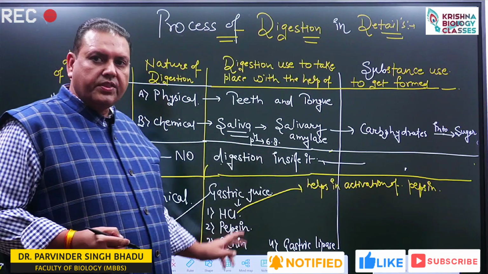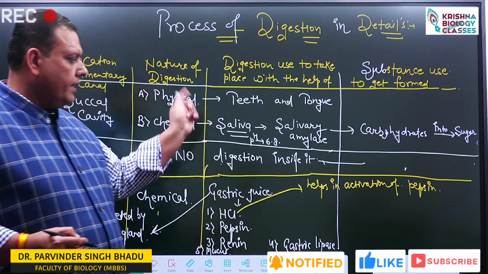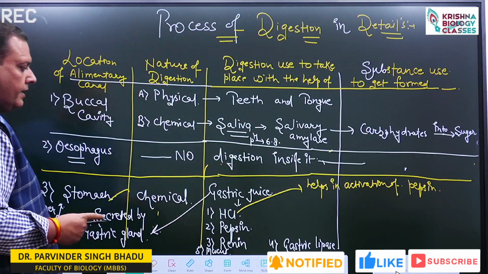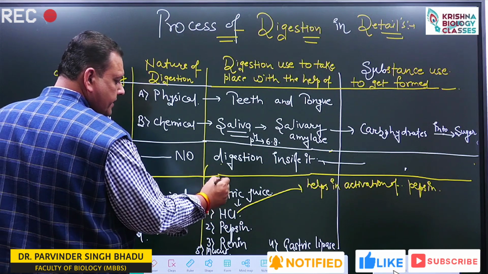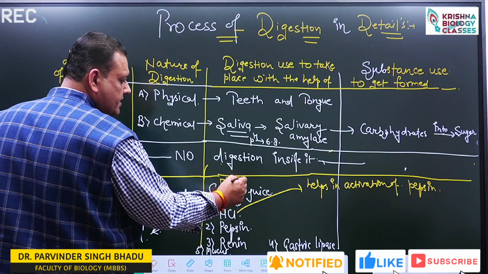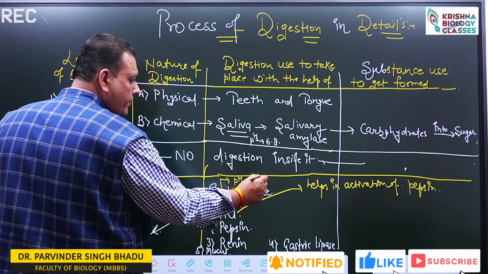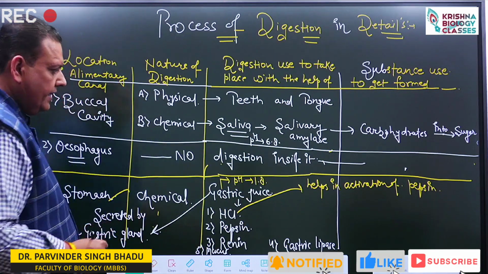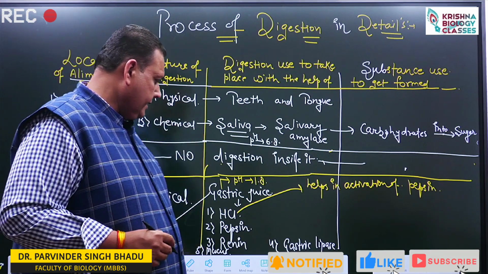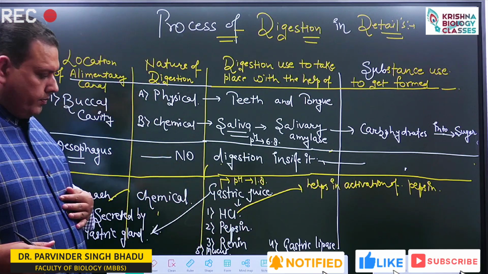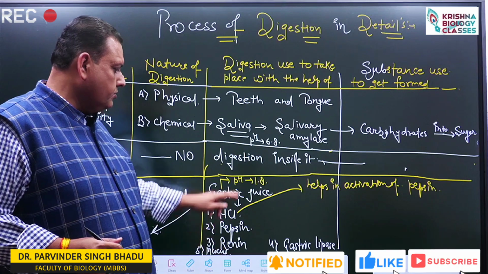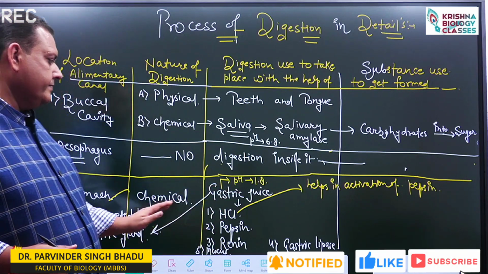So, with the help of HCl, it gets converted into the active form, which is named pepsin. The pH of gastric juice is 1.8, acidic in nature, and to protect the inner surface of the stomach, mucus is also secreted by the gastric gland.